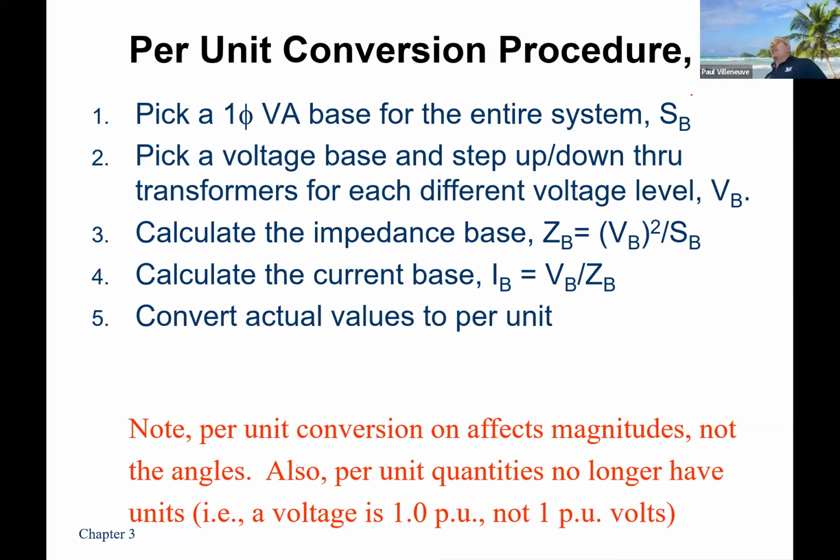When you run power into a transformer, does it go up or down? No, we assume it's constant, right? So you pick one base for your entire system because that lives everywhere in your system. Transformers have no impact on it. So you pick one base. Oftentimes it's 100 MVA for the typical utility system. That actually is a 3-phase base, but we'll just assume it's 100 MVA for the time being. And then that applies everywhere. So you pick one of those.